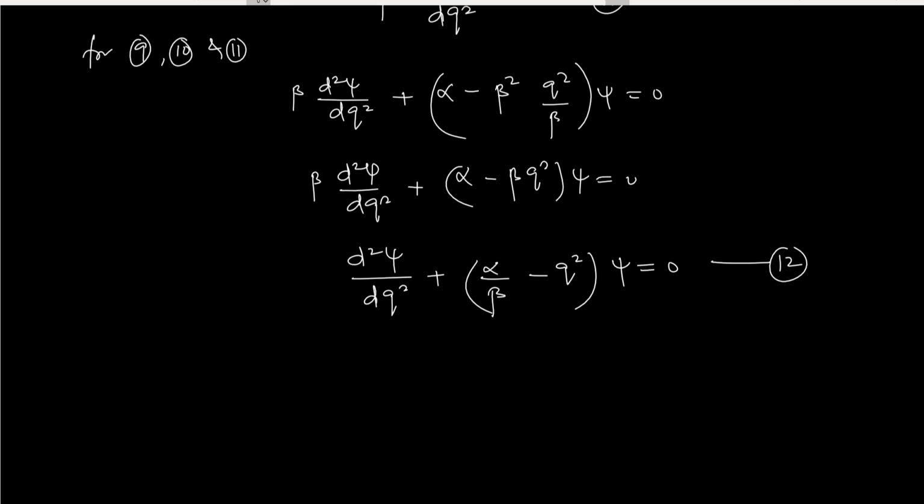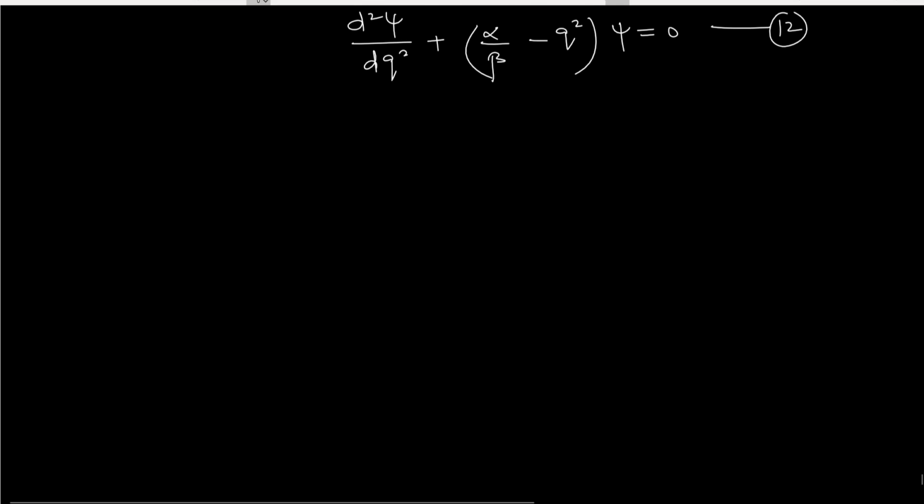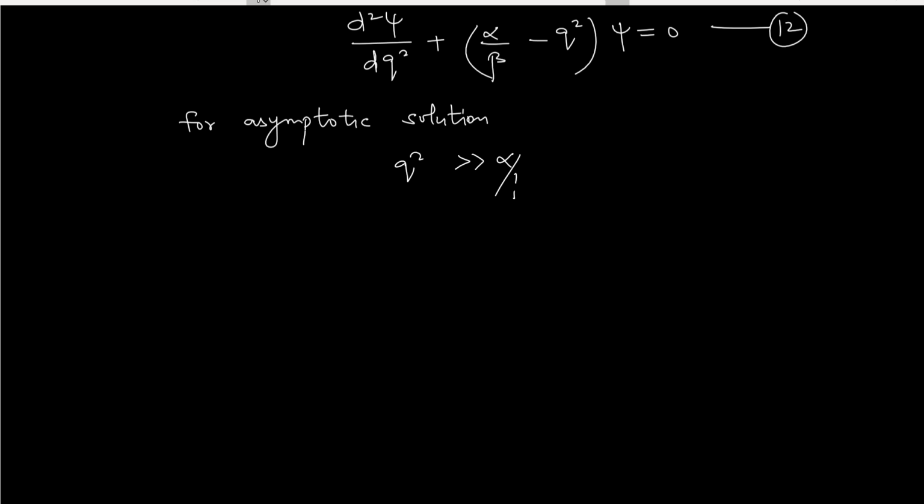Now this is a polynomial equation, so we will find its asymptotic solution. Q square is much greater than alpha by beta, so we can ignore this term in equation number 12.